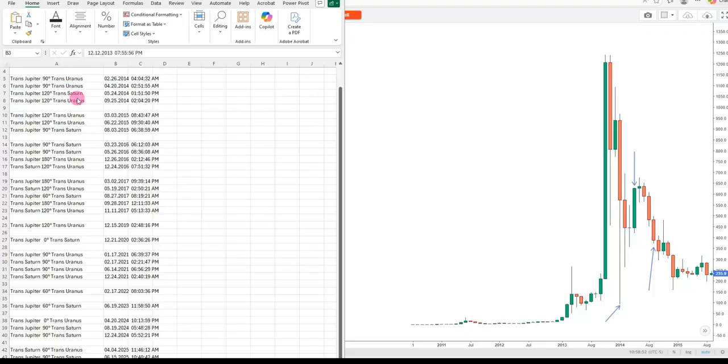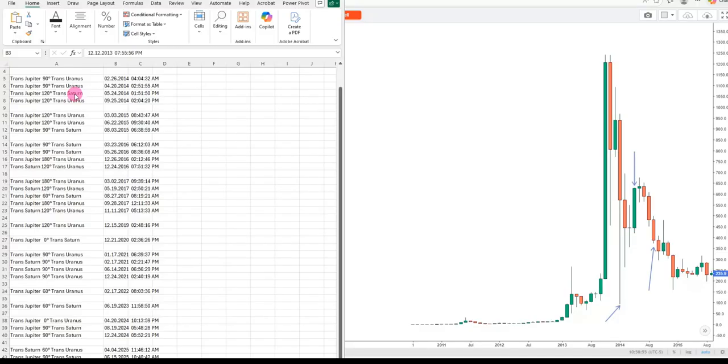What we've got here is the April month was an inside bar. May was a strong rally. So near the end of April through May, we had a strong rally and actually made the high in June, just behind the Jupiter-Saturn trine, which came to exact on the 24th of May.